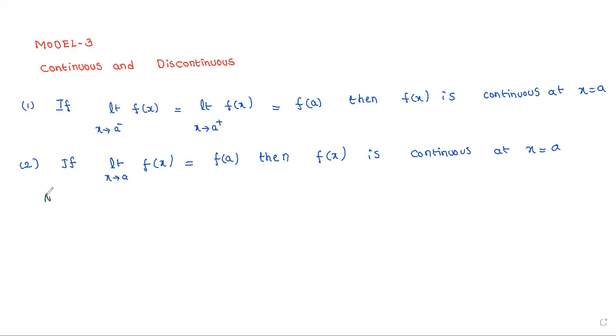Note, if the limit as x tends to a minus of f of x is not equal to the limit as x tends to a plus of f of x, so left hand limit and right hand limit are not same, so it's not equal to f of a.